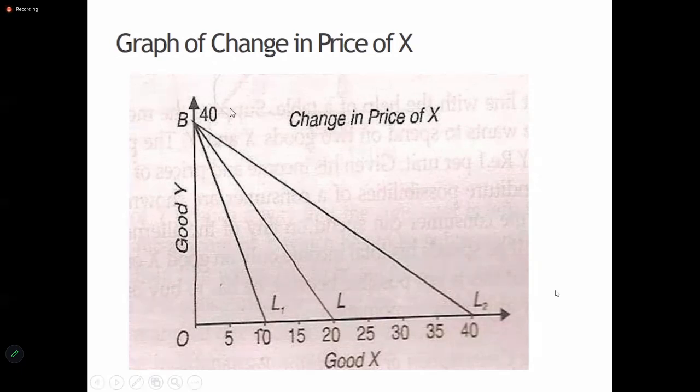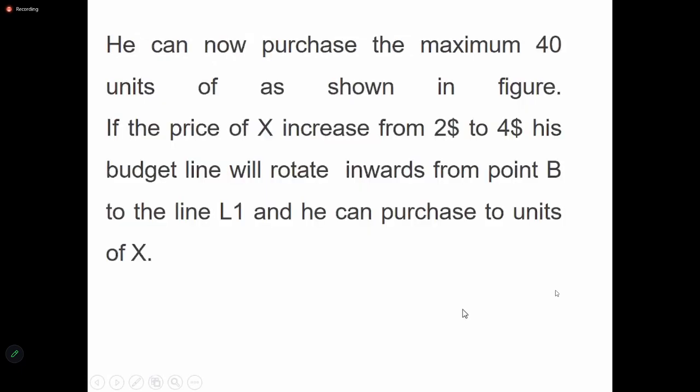So with the same budget, it just expands up to 40. Just think of the concept: when the price decreases, quantity demanded increases. Then the budget constraint goes here, and he now purchases a maximum of 40 units, as shown in that figure.